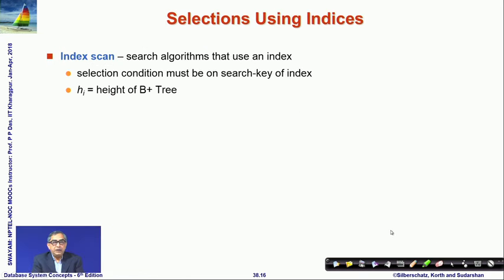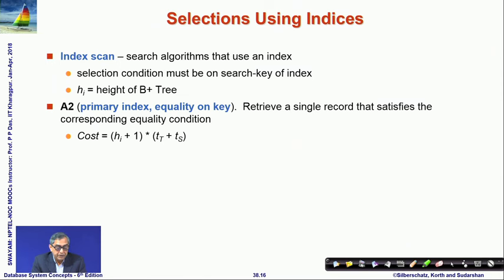Now, let us assume that we have an index on a B plus tree that we are going to use for the selection, and let us assume that hI is the height of that B plus tree. The second algorithm is good if we are using a primary index and we are looking for equality on a key.